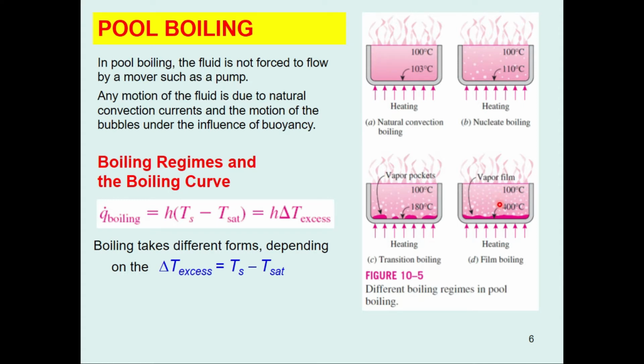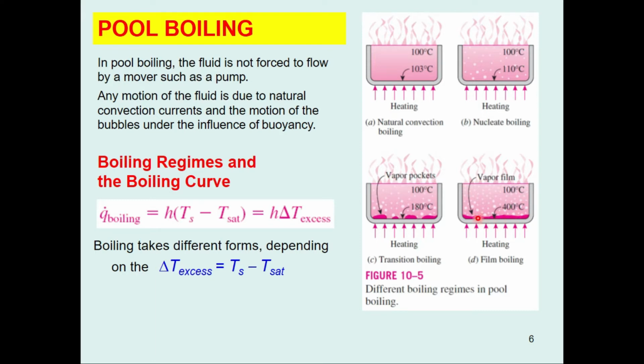Why do we say it is film boiling? Because there is a vapor film at the liquid-solid interface, and this film is due to the very high temperature of the surface.